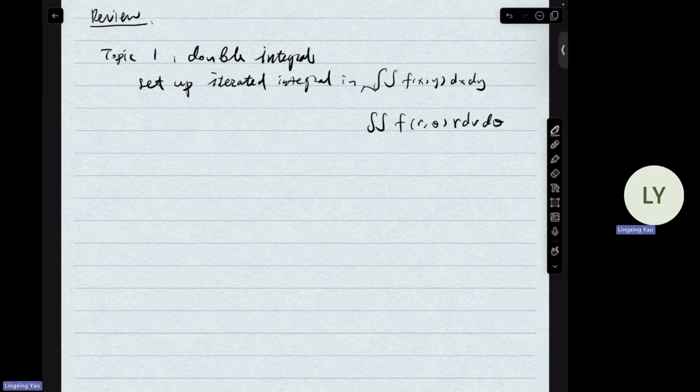This is the Cartesian xy plane, and this is the r theta plane.